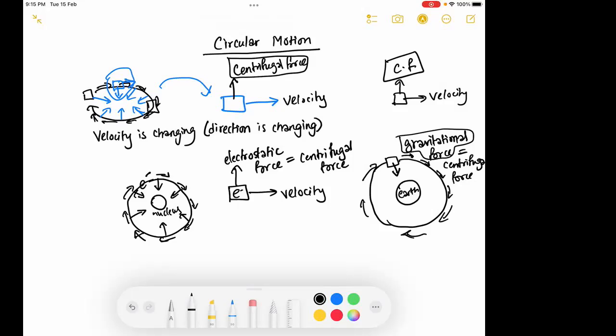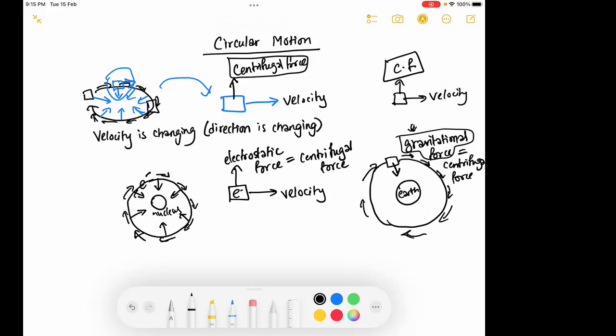In A levels, I think you would study that any two planets, or even any two matter, actually have this sort of attractive force towards each other, and that is what we call the gravitational force.